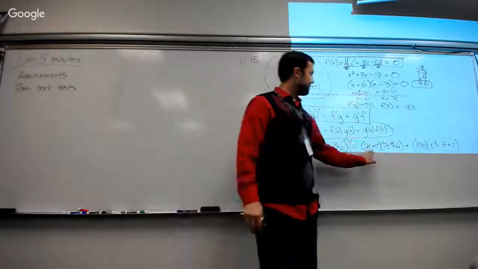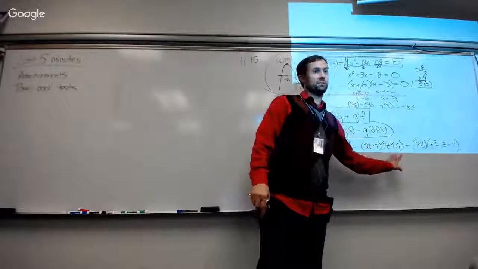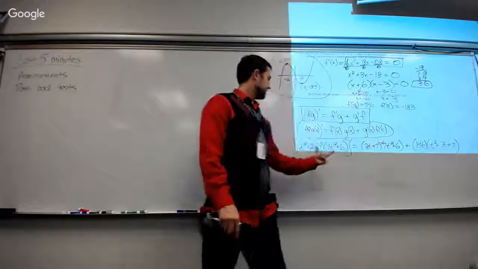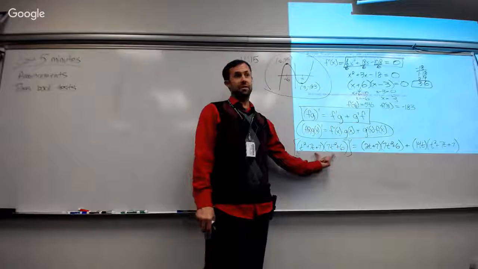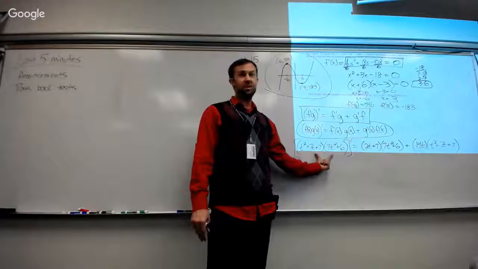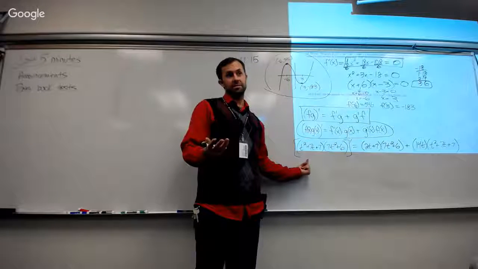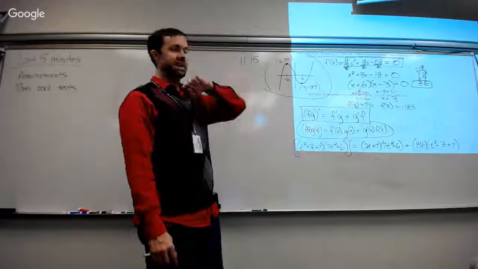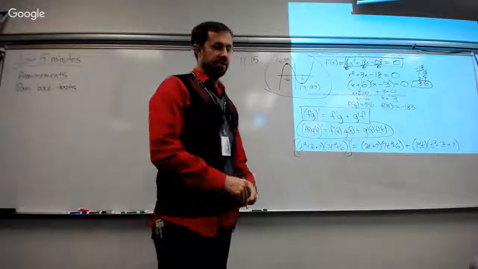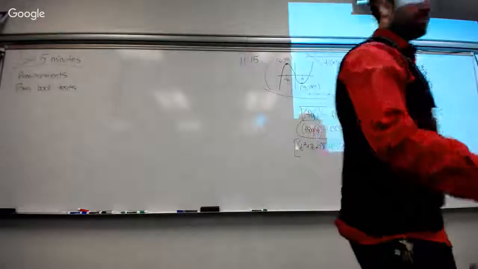Plus, if you were going to do all that FOIL business, when should you have done it? Right up front. Had you done it right up front, you wouldn't have even had to do the product rule, because it would just be one long polynomial and you would just take the derivative. So let's just leave it like that. Is everyone okay with that? Mm-hmm. Okay.